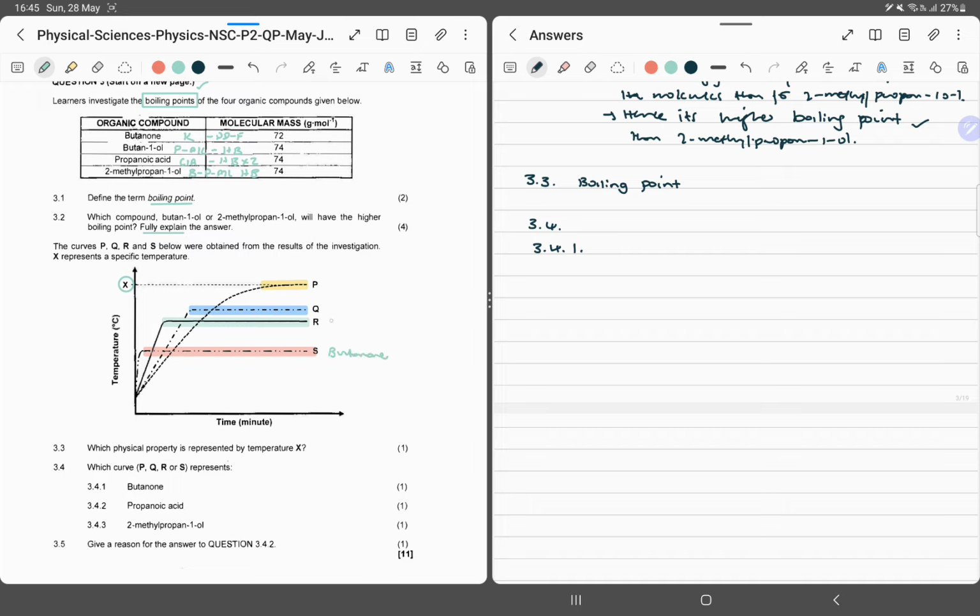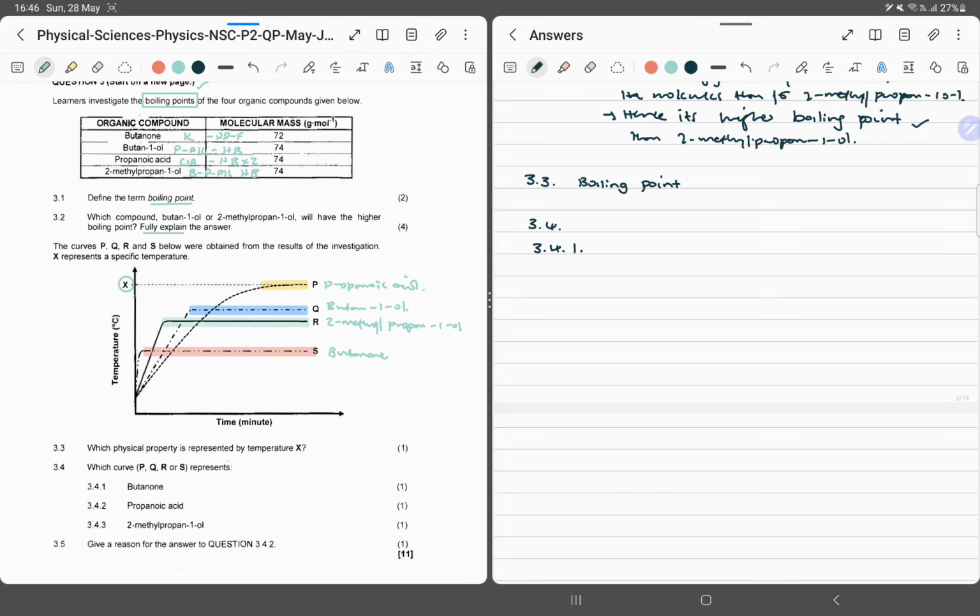Okay, and then here, the next one is going to be the branched 2-methyl propane 1-ol. Okay, and then here it's going to be the straight chain butanol or butan-1-ol. And then that would be the propanoic acid.